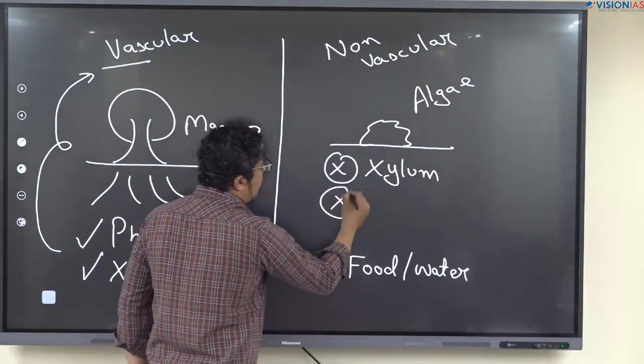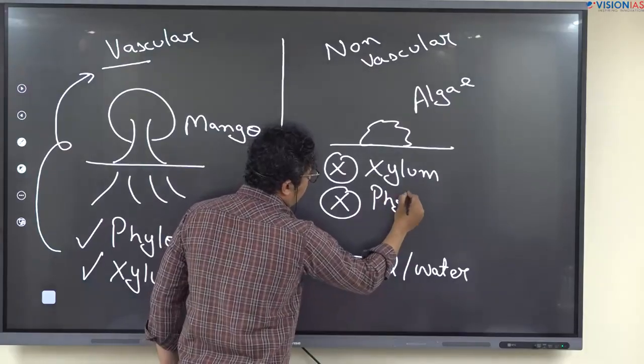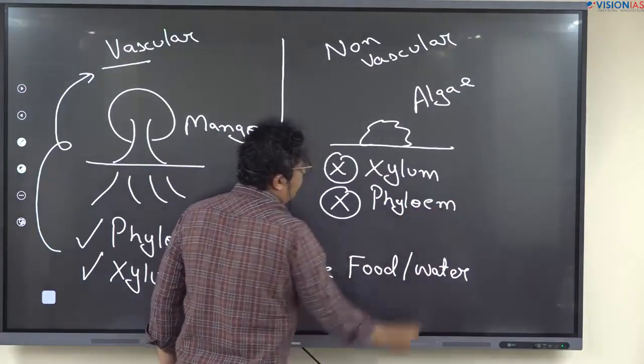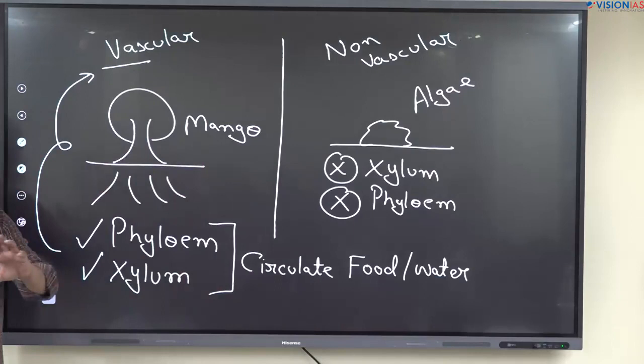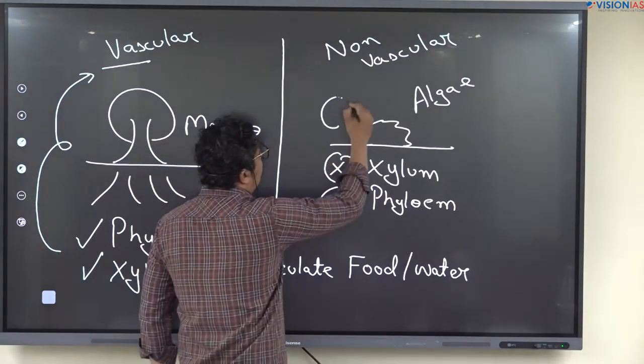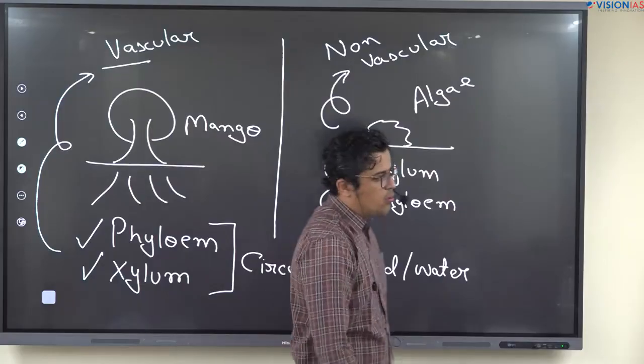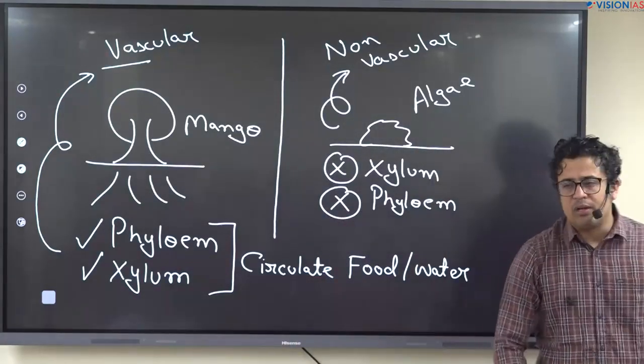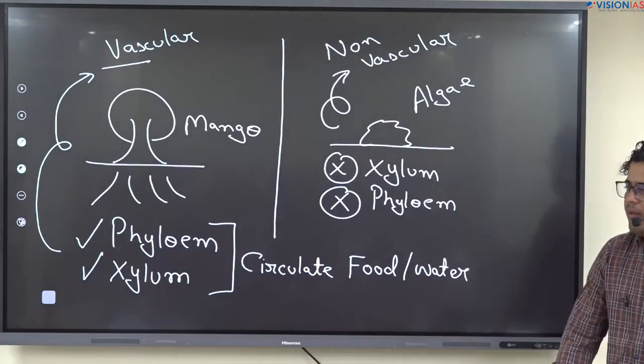Algae does not have phloem. Algae will have neither xylem nor phloem because algae is too small. Algae does not need them. So algae is what type of plant? Non-vascular plant. So this is how you can differentiate. Okay.